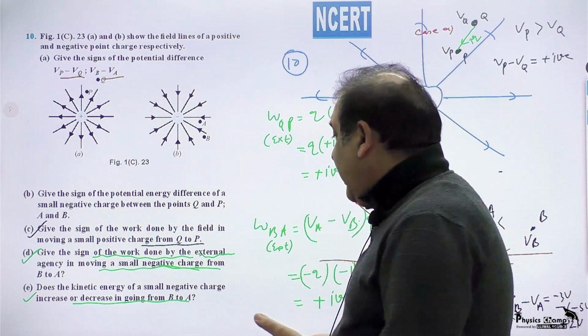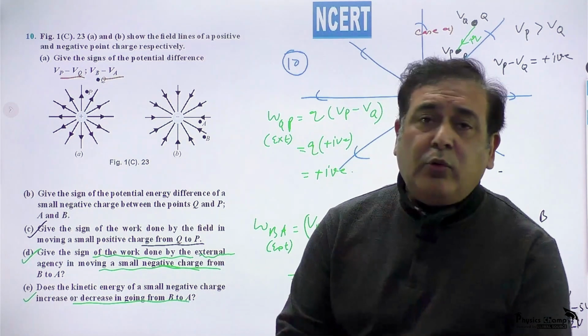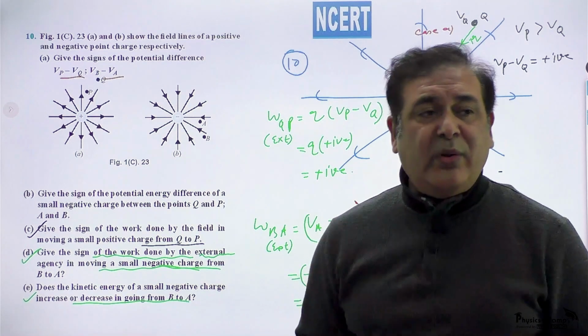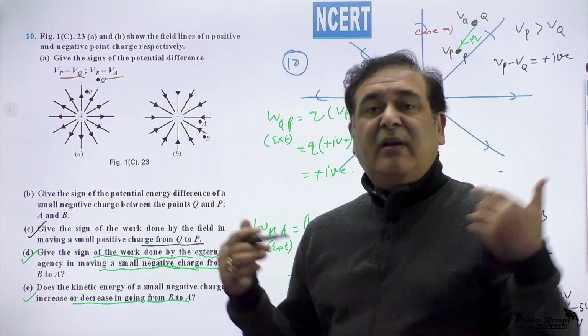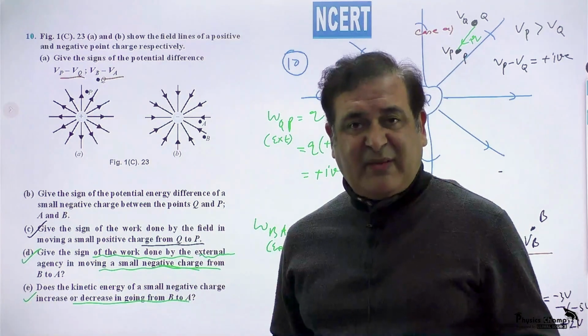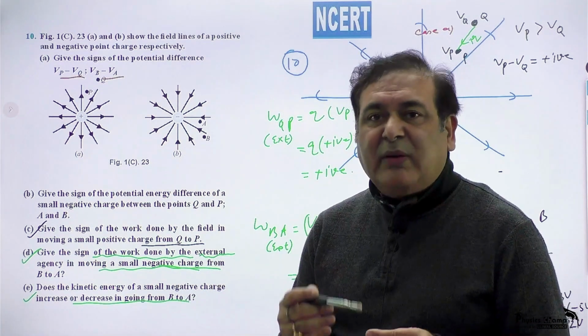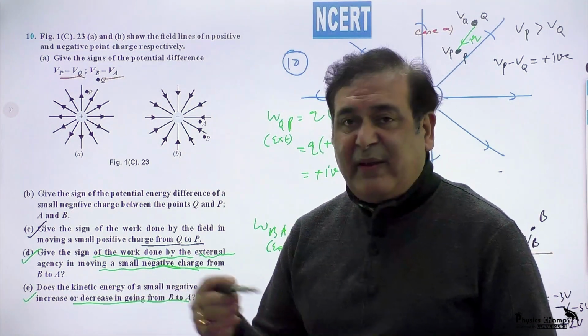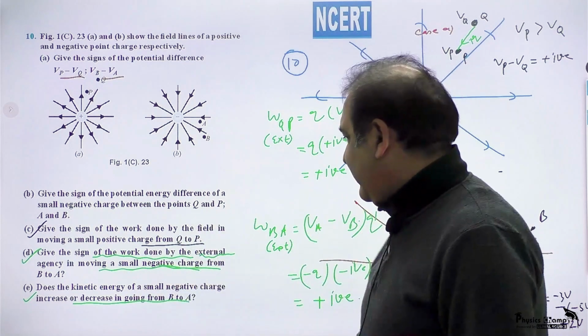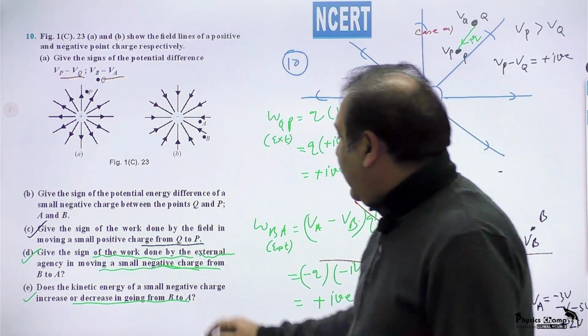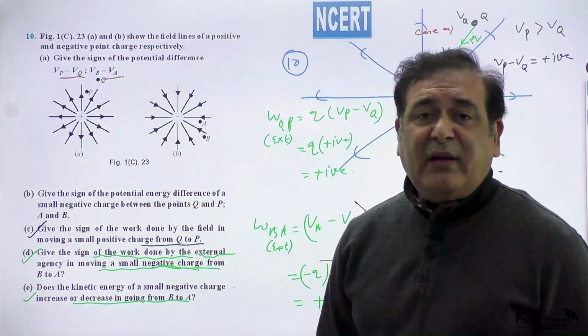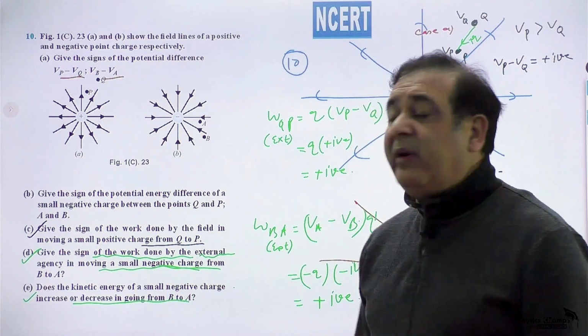And if the external agency is required to do work, but external agency is not present, and the charge is itself moving, in that case it will be at the expense of decrease in kinetic energy.